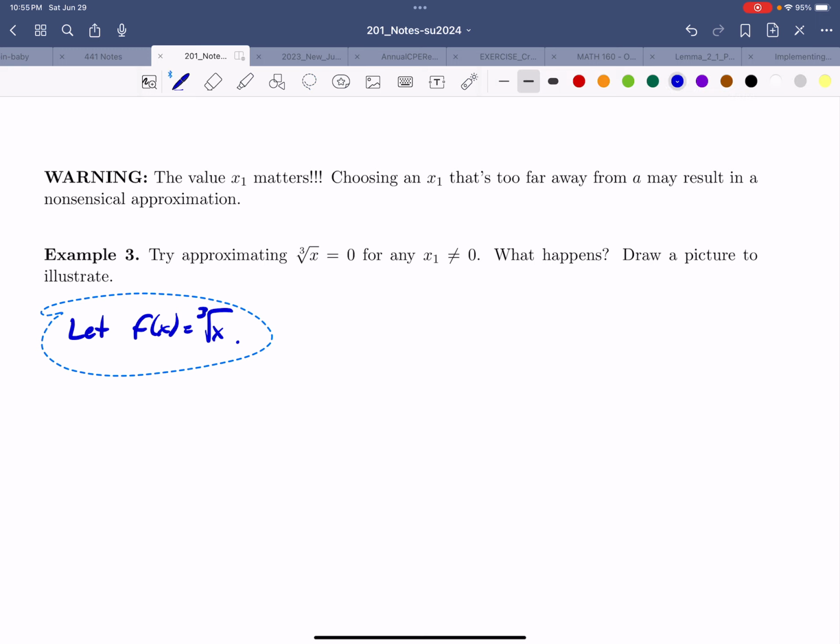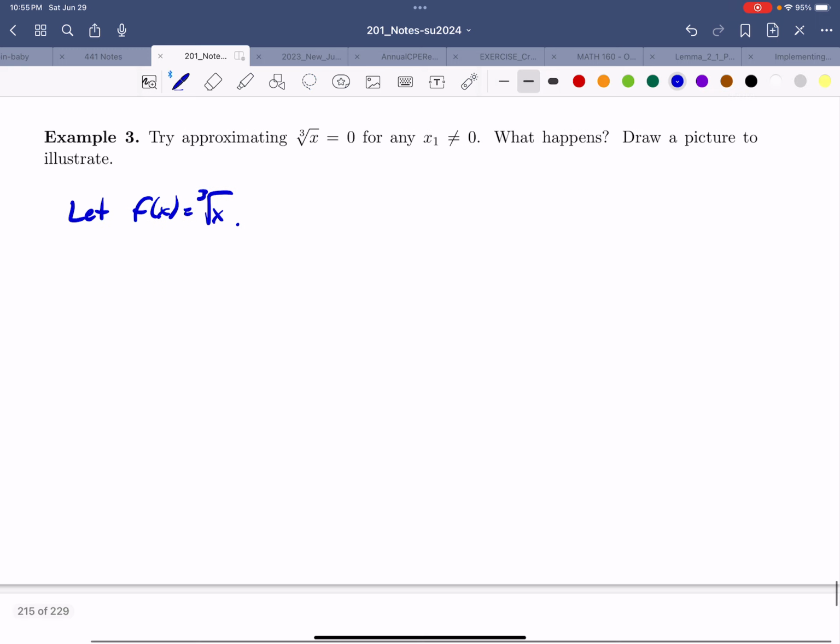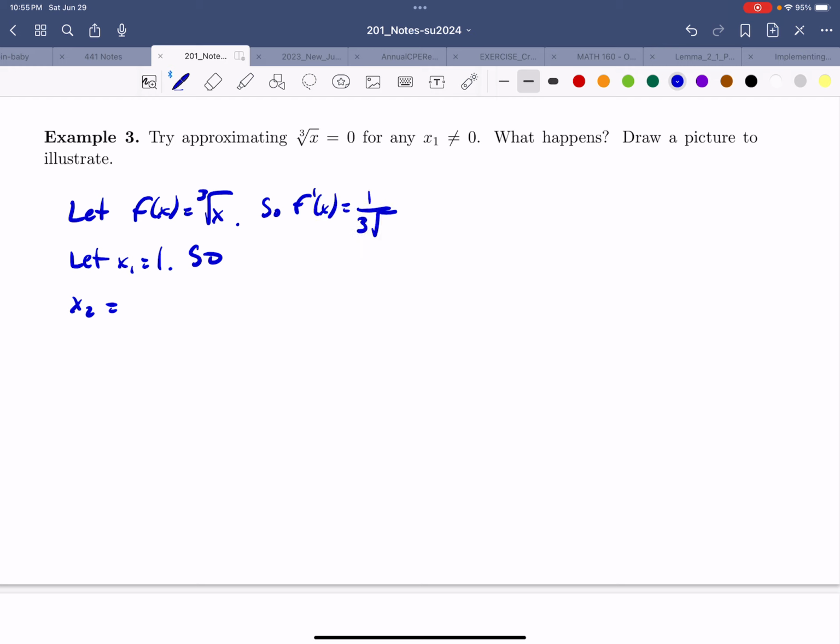Let's do this on the side here. So we'll say let x1 equal 1. Harmless enough, pretty close to 0. So for x2, we're going to need f prime of x, which is 1 over 3 times the cube root of x squared.